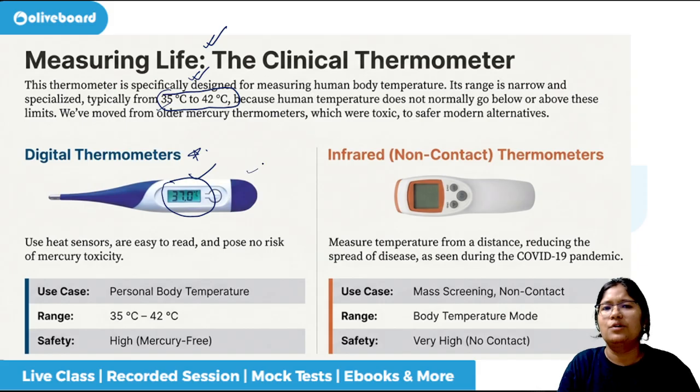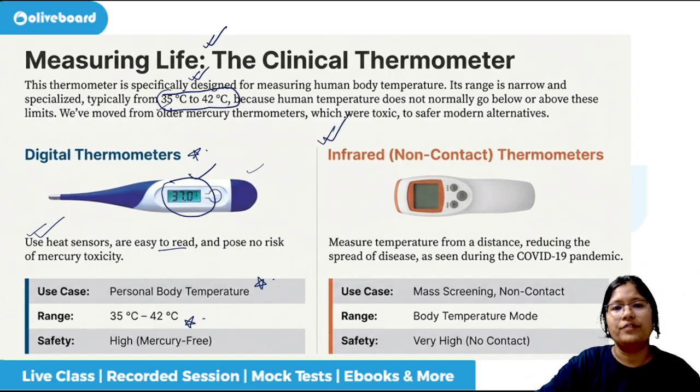But now no need to do all these things, you can simply read it. And also they use heat sensors. They're very easy to read and they pose no risk of mercury toxicity. They can be used for personal body temperature. The range is from 35 degrees Celsius to 42 degrees Celsius, and they are safe. Why? Because mercury is not used.